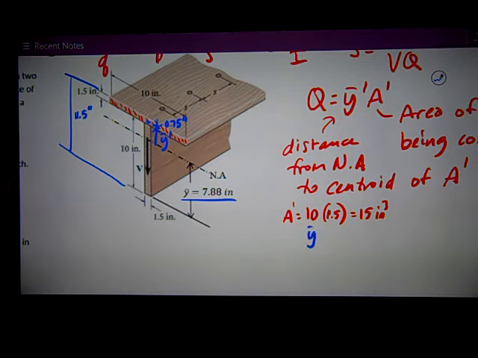So y bar prime, just working backwards into it, is 11.5, the overall height, minus the y bar for the distance from the bottom, 7.88 to the neutral axis, and then minus half the thickness of that board on top, 0.75. And that number works out to be 2.87 inches.